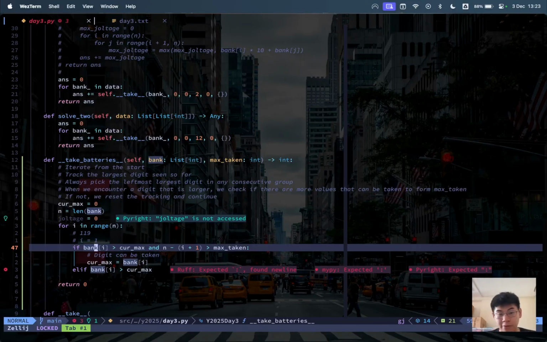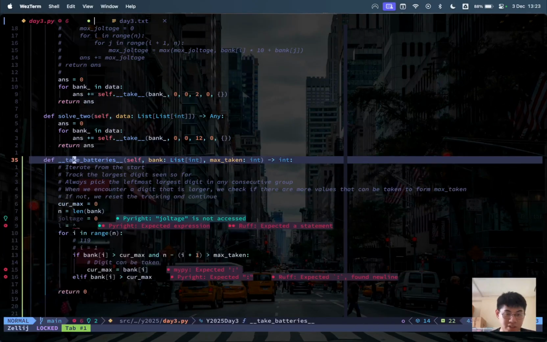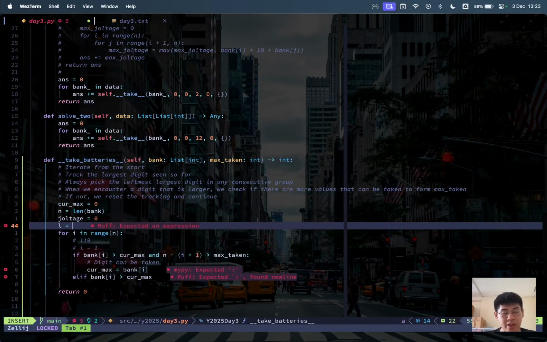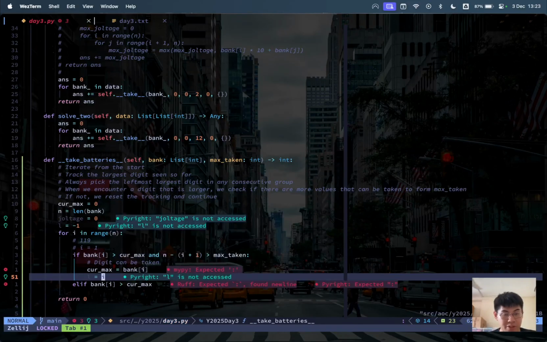We can track this as the left as well. Let's see if it's finished. It hasn't even finished, yeah. So I guess we could also keep track of the left, which tells me which index I'm currently tracking. I'm going to say that L equals the ith position.